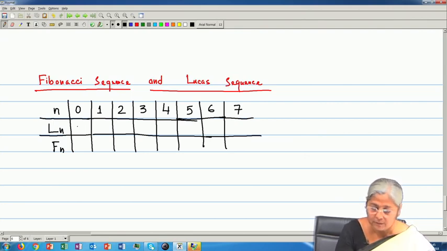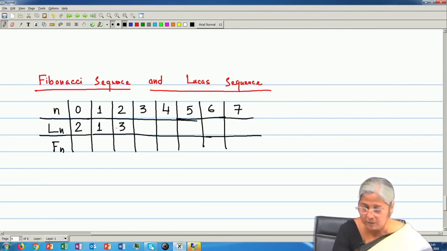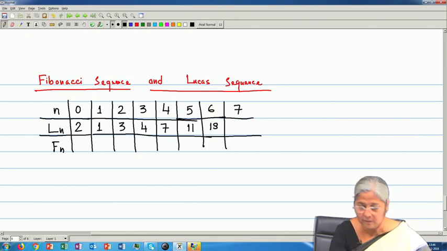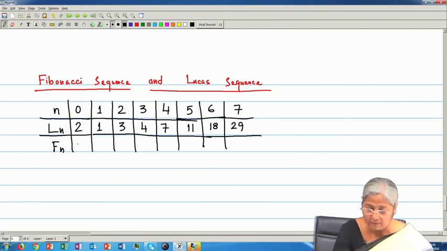L n is 2 because it is given by the initial conditions, then 2 plus 1 is 3, 3 plus 1 is 4, 4 plus 3 is 7, 7 plus 4 is 11, 11 plus 7 is 18, 18 plus 11 is 29. And here the initial conditions are different for Fibonacci, it is 0 and 1.